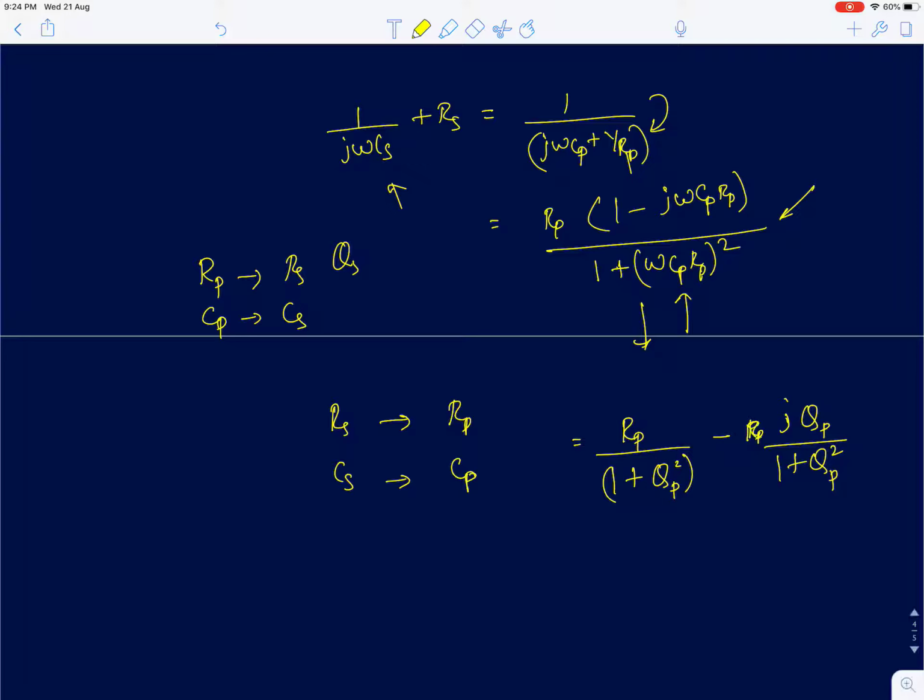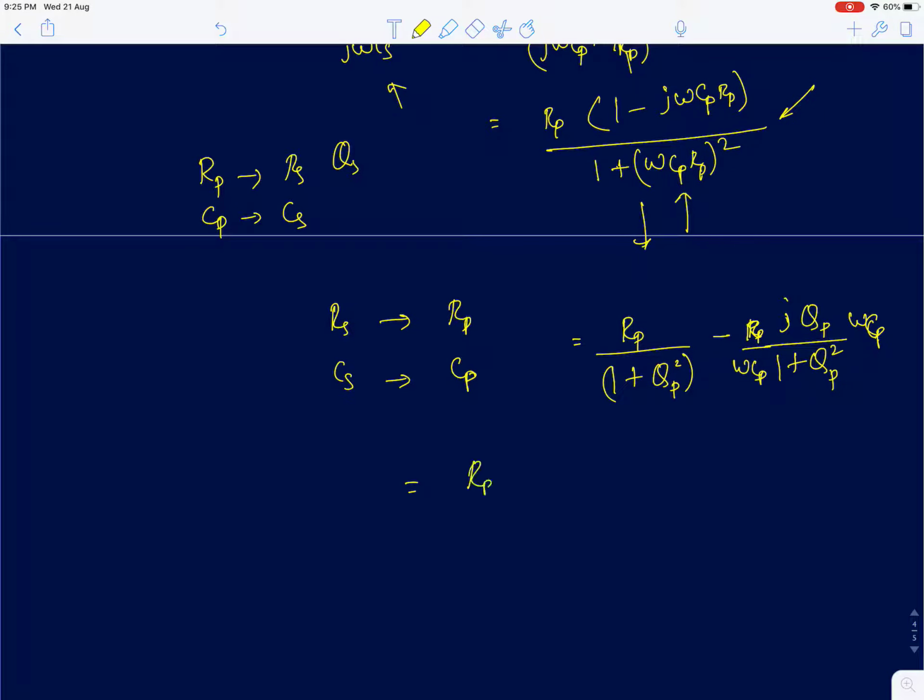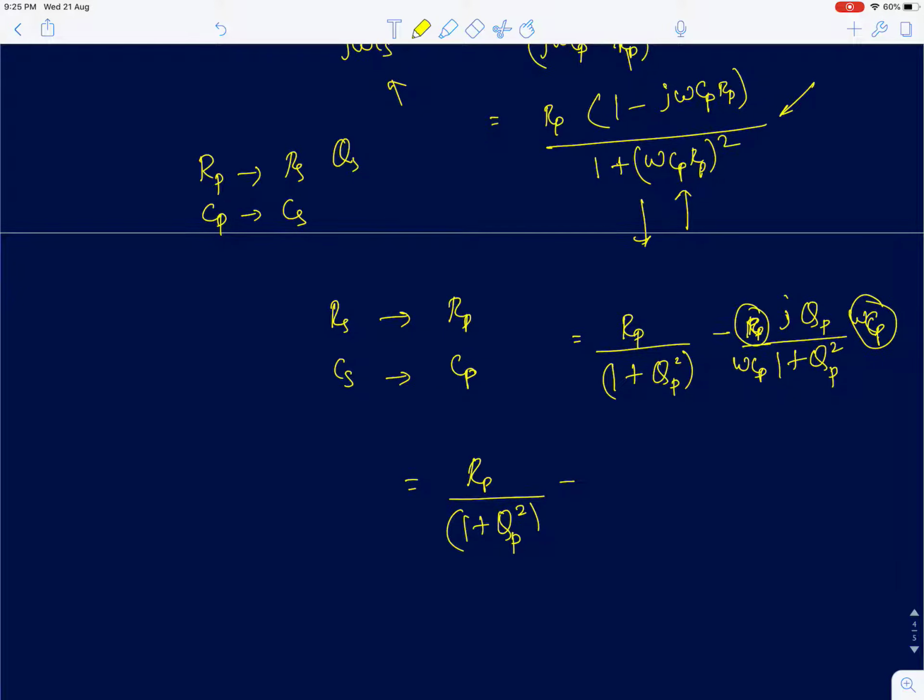So I'm going to multiply and divide by omega Cp, so then I'd get Rp by 1 plus Qp square minus, so then we know omega Cp Rp is actually Qp, so I'll write it as minus j, or 1 by j omega Cp into 1 plus 1 by Qp square.